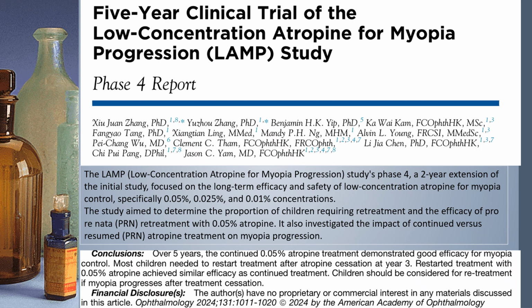So that also emphasizes that these patients are to be followed up for a longer time. And once you restart the treatment, it shows a similar efficacy. So I think it gradually goes in favor of the fact that atropine treatment can be continued even after 3 years in some of the patients, and in other patients you can obviously stop the treatment, and then again continue it.